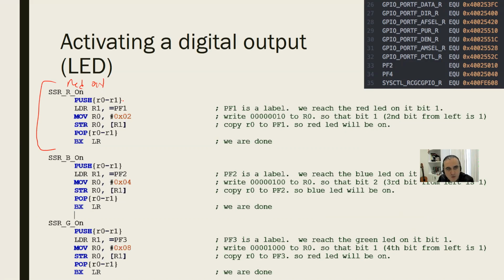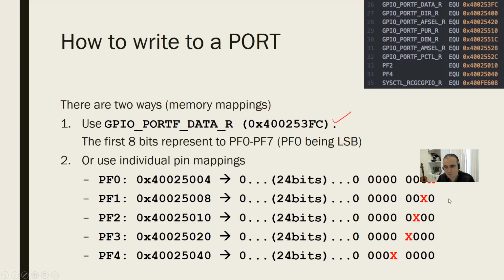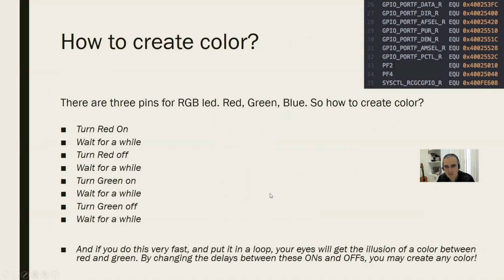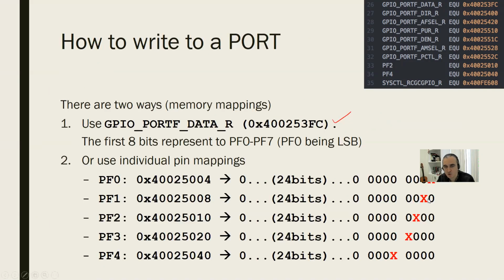What it does is it first saves R0 and R1 and will restore them before going out. It makes R1 point to PF1. PF1 is this register. It's a register which is used to connect to the red pin only of port F. That's also a mapping, just like this one.